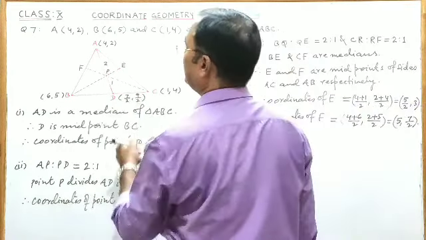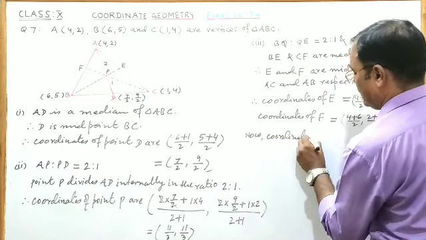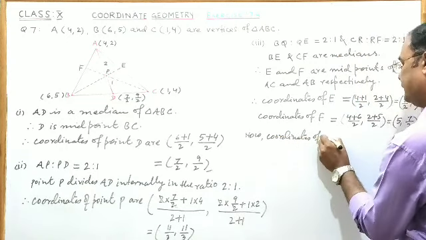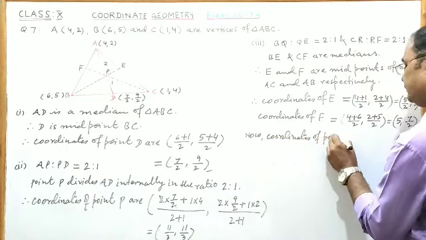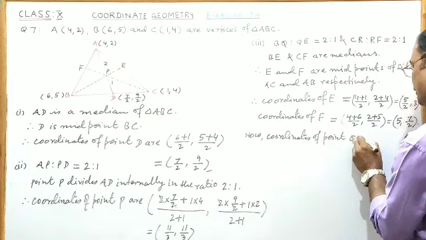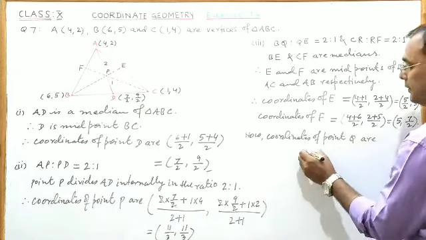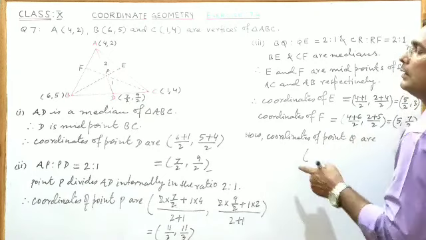So coordinates of point Q are, here we are going to use section formula.